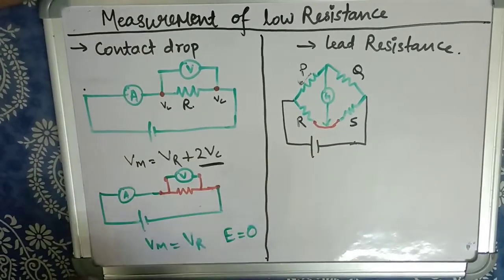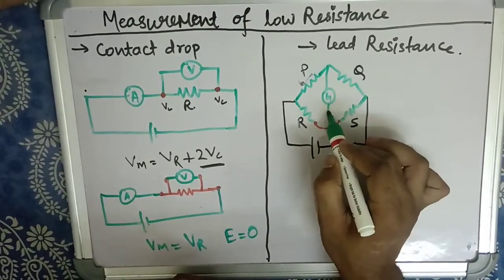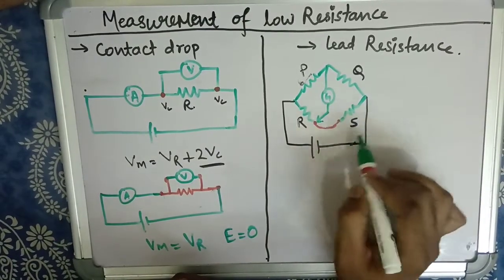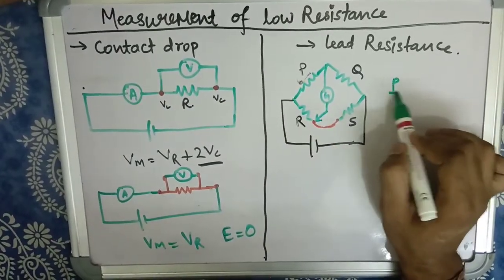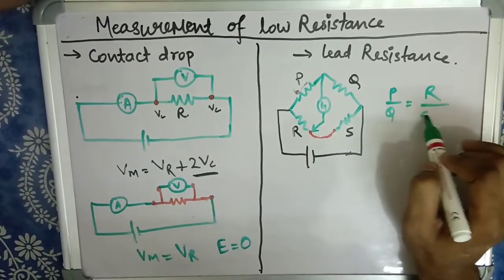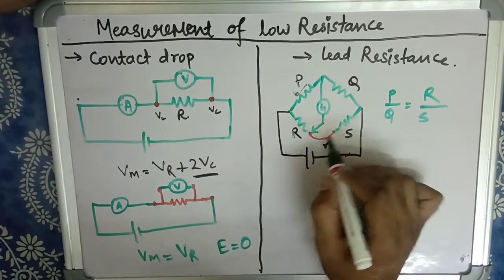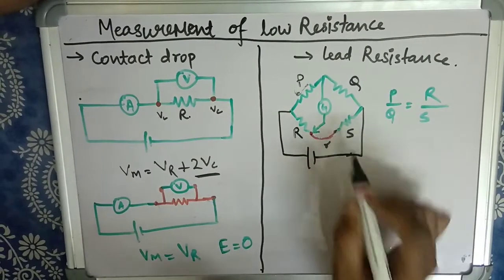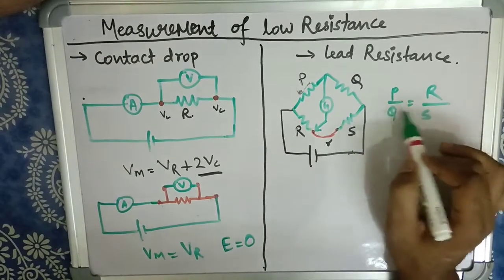When the galvanometer is connected to this position, our output will be P upon Q is equal to R upon S plus r, where r is the resistance of this small connecting lead.